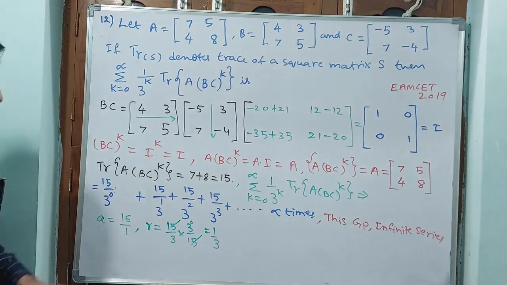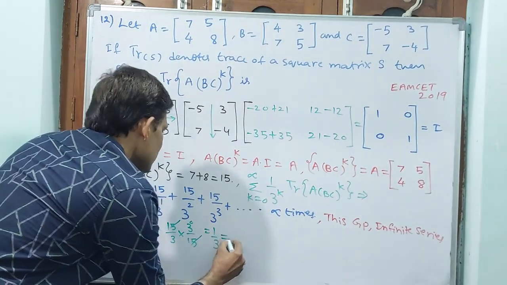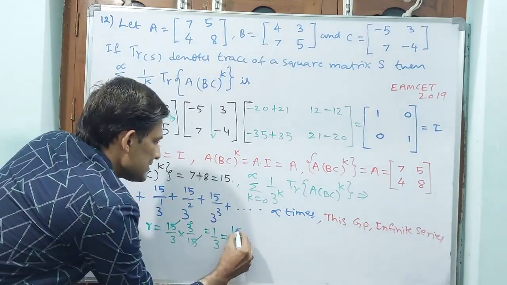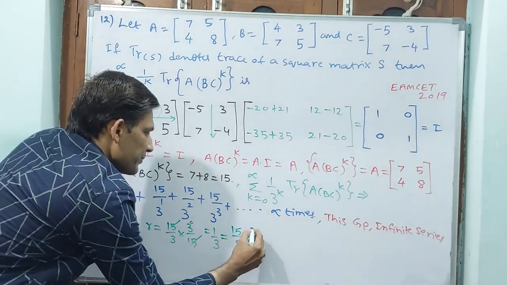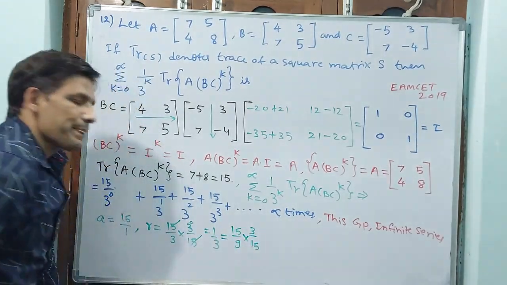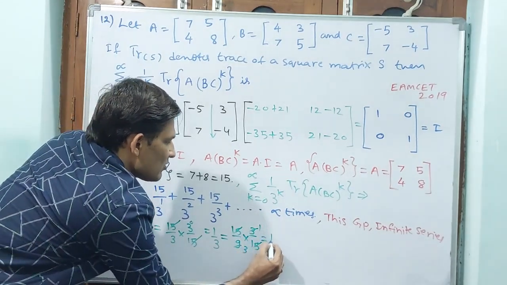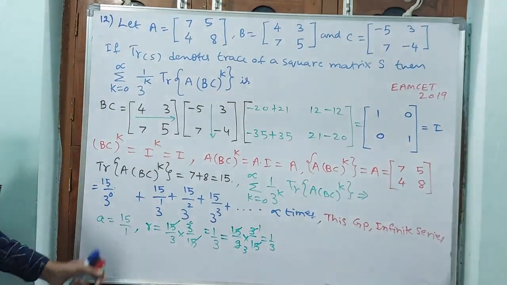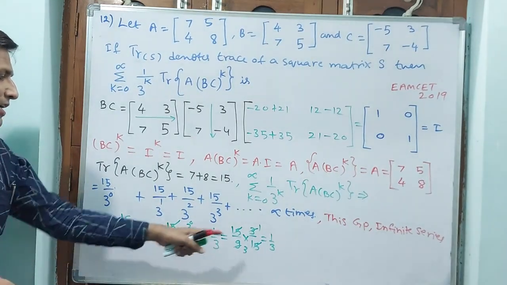Can we check again with the next term? 15 by 9 into 3 by 15, 15, 15 get cancelled, 3 once, 3 three times, which equals 1 by 3. So A is 15, R is 1 by 3.